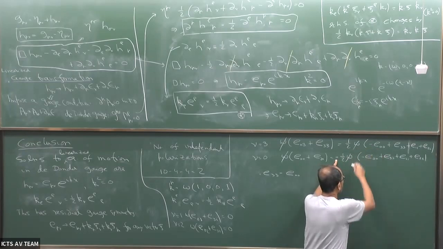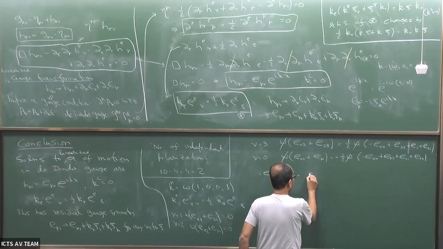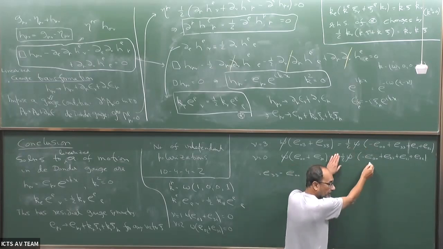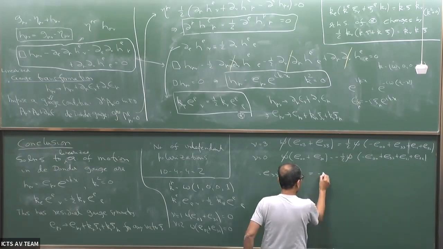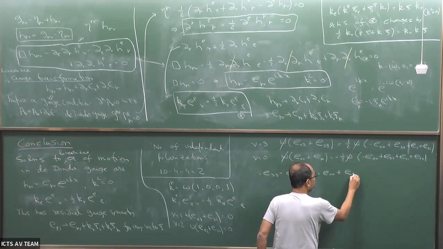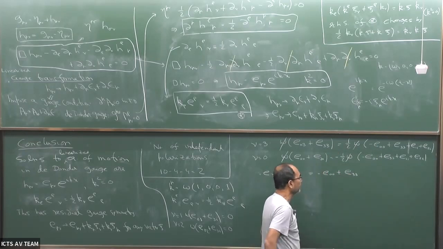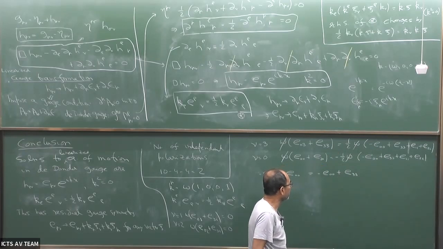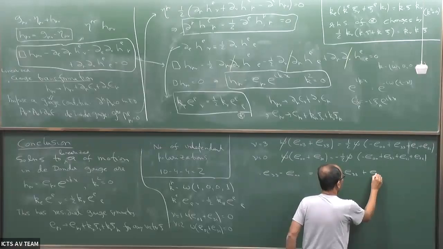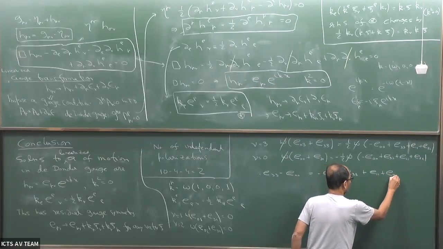So equal to, minus half E00 and then another minus half E0. So minus E00 plus E33 plus E11 plus E22.